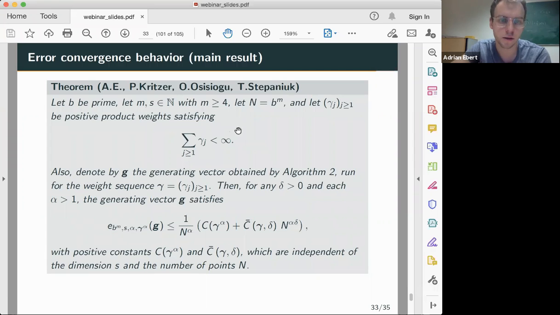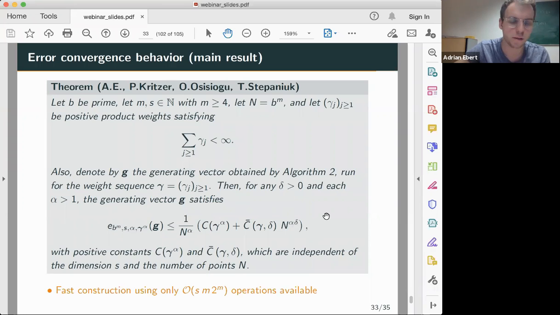So again, under the summability condition, we obtain essentially the same bound for the worst case error in our Walsh space. And again, a fast construction is available, of complexity s n log n or s m 2 to the m.